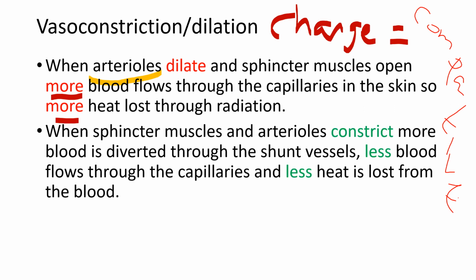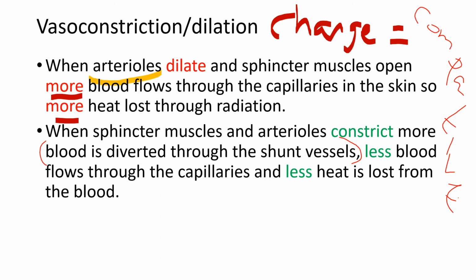Okay? When the sphincter muscles and the arterioles constrict, more blood is diverted through that shunt vessel. If you forget this bit, it's not so important, but you want the arterioles to constrict, you want less blood flowing to the capillaries, less heat lost through the skin surface.